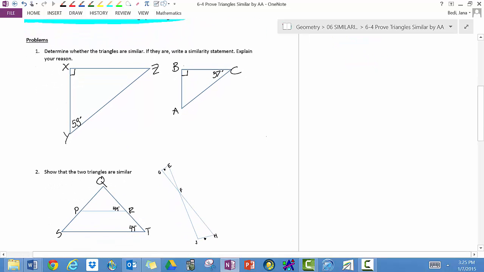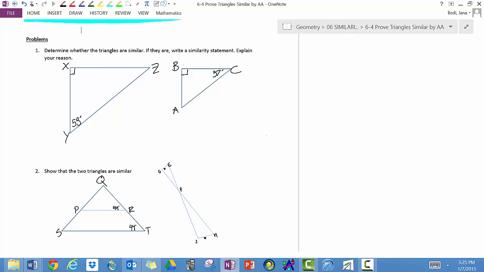So let's look at this problem here. Determine whether the triangles are similar. Well, at first glance you see that angle Y is 53, and it may appear that the two are not similar.